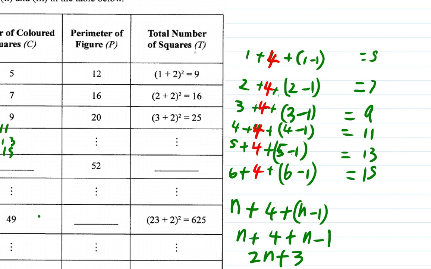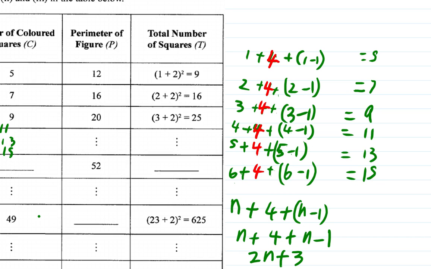So let's see if that would work. 2 by 1 is 2 and 3 is 5. 2 by 2 is 4. 4 and 3 is 7. 2, 3 is 6. 6 and 3, 9. 2, 4 is 8. 8 plus 3, 11. 2, 5, 10. 10 plus 3, 13. 2, 6, 12. 12 plus 3, 15.